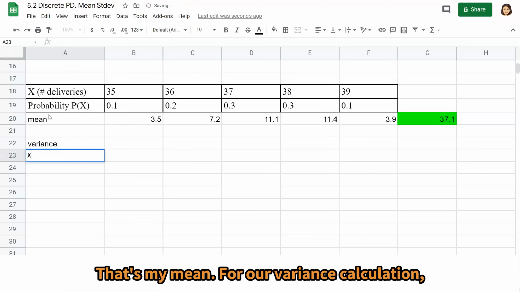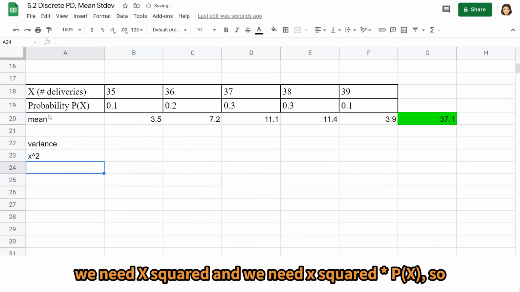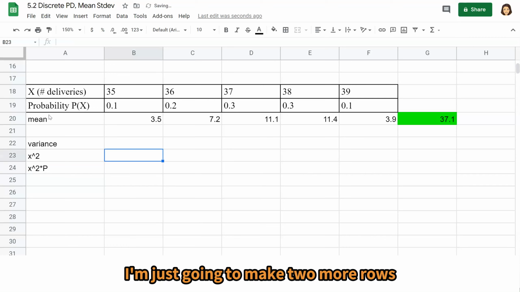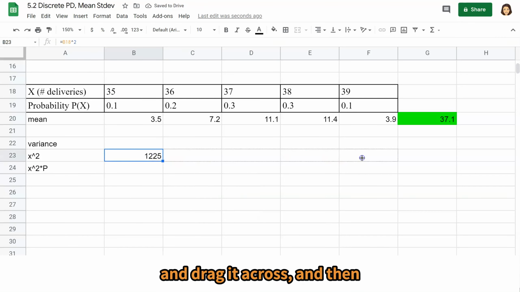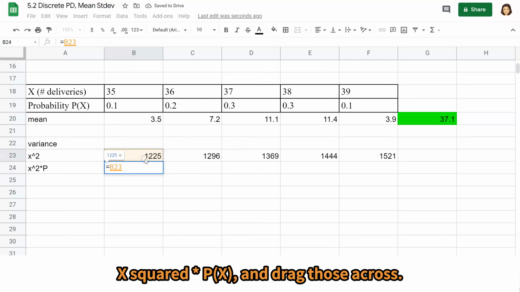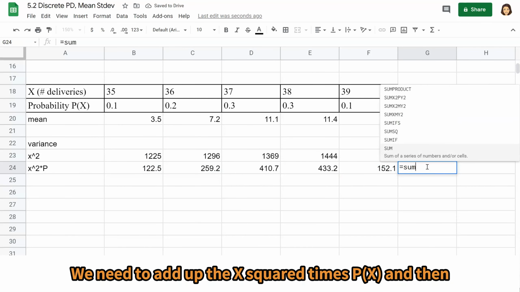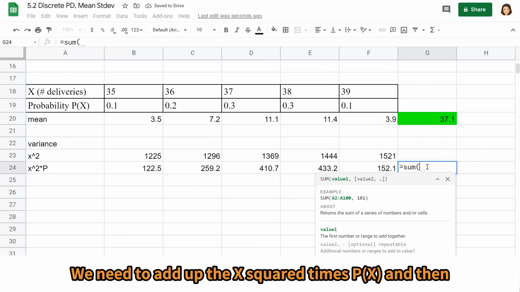For our variance calculation, we need x squared and we need x squared times p of x. So I'm just going to make 2 more rows and leave my table above. X squared, and drag it across. And then x squared times p of x. And we'll drag those across. We need to add up the x squared times p of x.